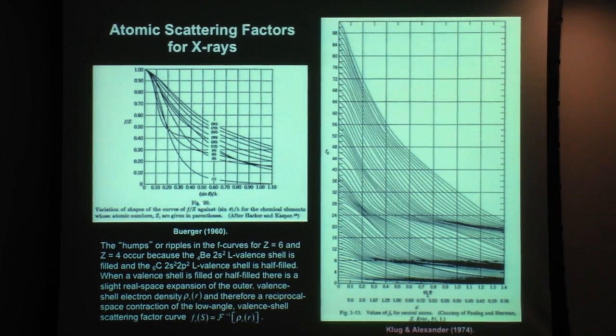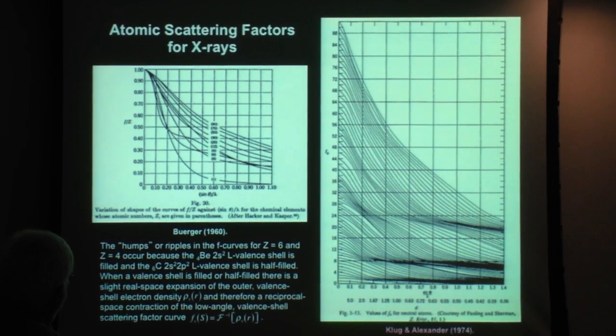So we consider these first few. So here's hydrogen, then there's 6 there. That's carbon with this little hump. Similarly for beryllium at atomic number 4.